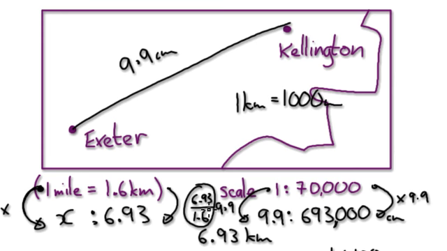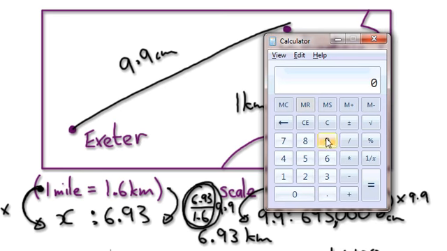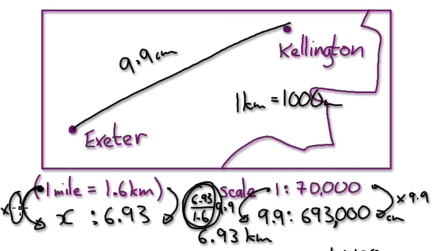So the multiplier would be 6.93 divided by 1.6 equals this. So this here is our multiplier. Then we get 1 times the multiplier, so it's just going to be the multiplier itself.